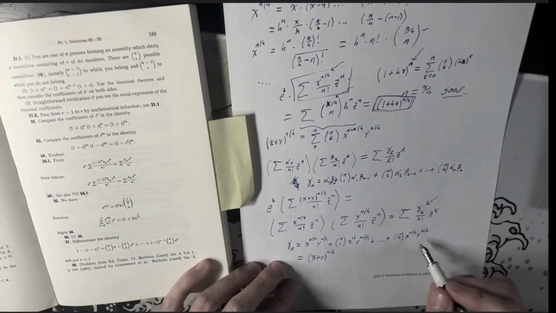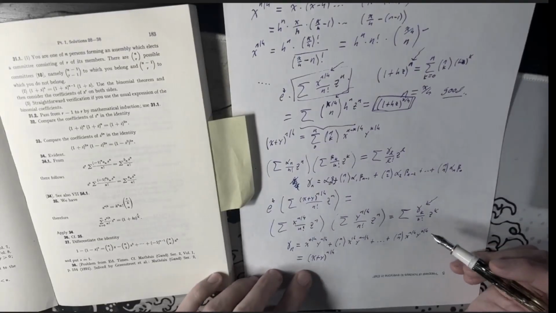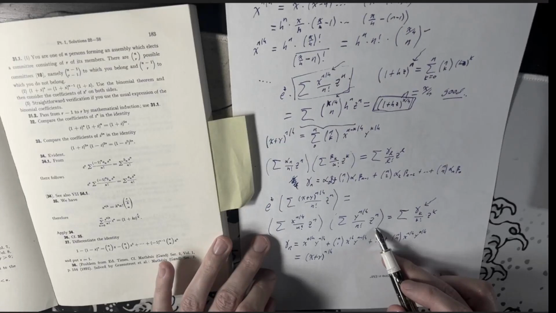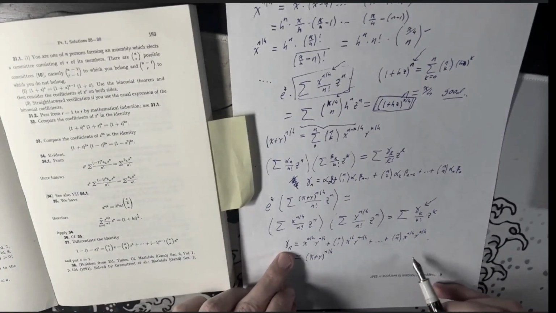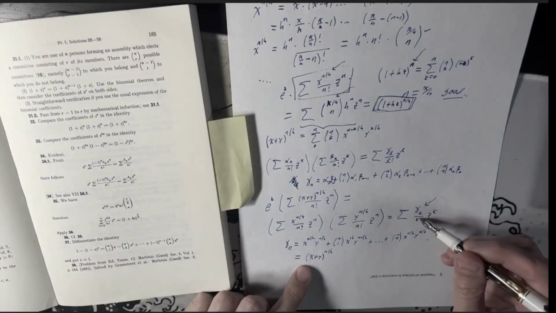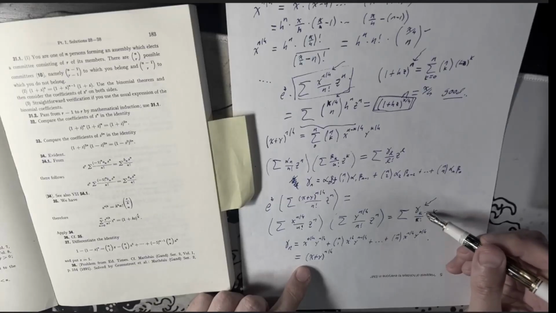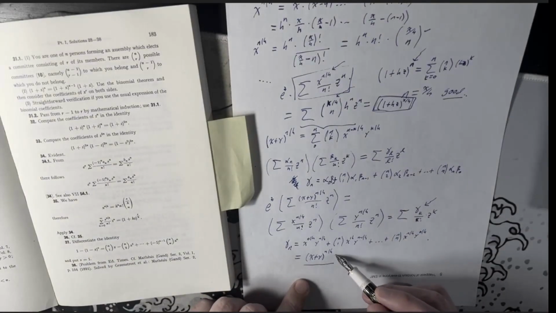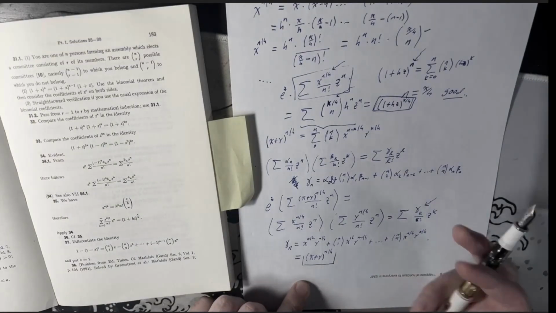I don't know why I wrote that there. It's just a 1. So if you took this product, you get a new product whose coefficients are defined by this. He's telling us that at least the numerator of the nth coefficient is supposed to be this. What?